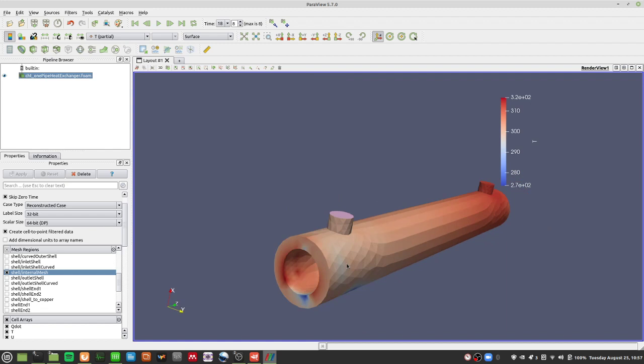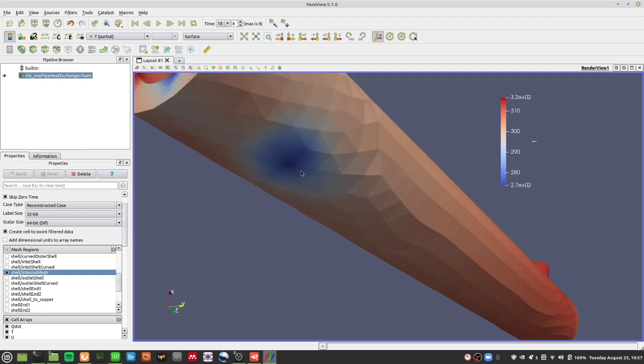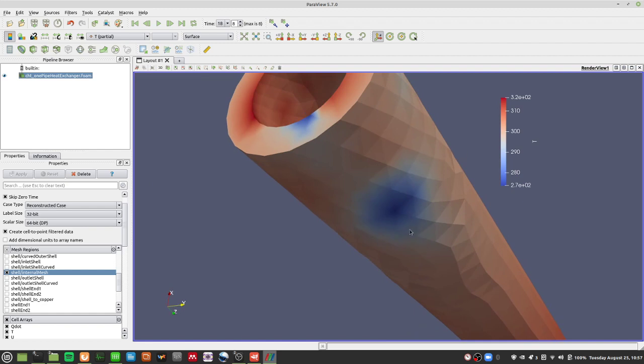I put it at about 293 Kelvin, not 273 Kelvin. For some reason the fluid temperatures over here are much colder, and that's probably due to numerical errors. There are some numerical instabilities causing this, perhaps due to the coarseness of the mesh, or something else, or maybe it's to do with the thermophysical properties.